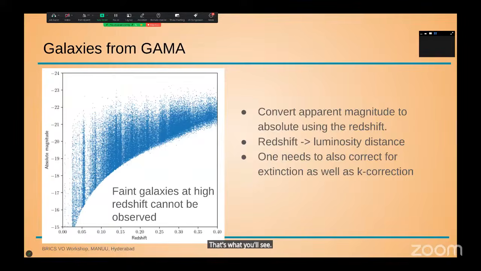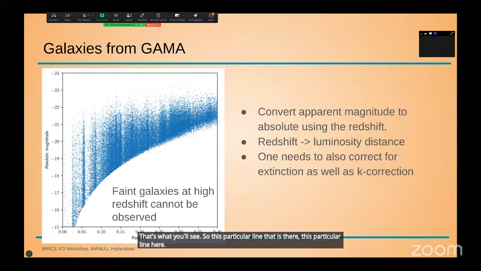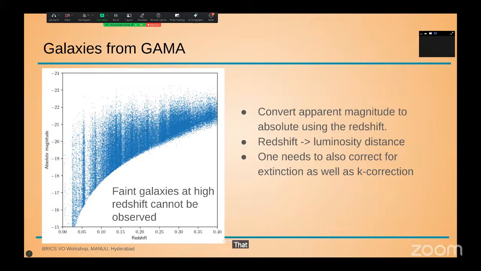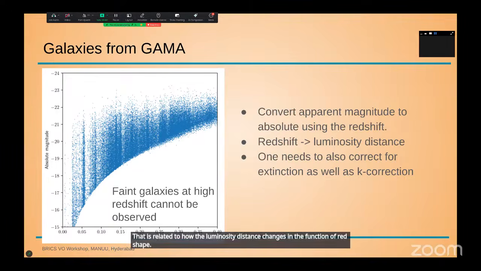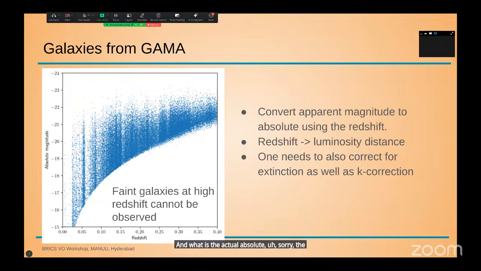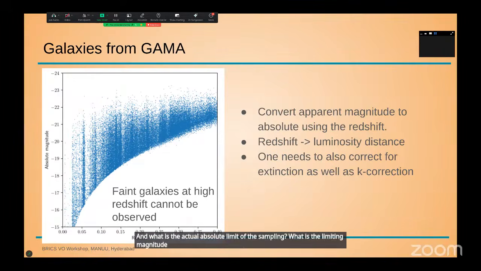So this particular line here, which is like an envelope, is related to how the luminosity distance changes as a function of redshift. And what is the flux limit of this survey? What is the limiting magnitude down to which galaxies have been observed by GAMA? That 19.8 number that I told you about. That is what determines what this envelope is going to look like.